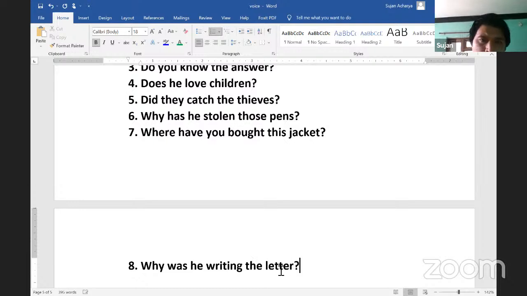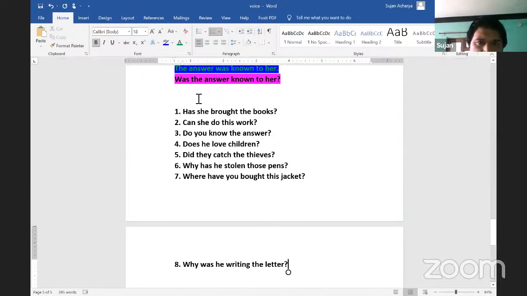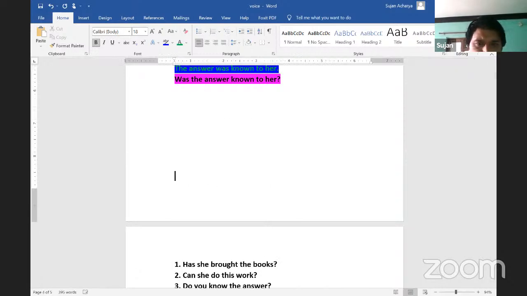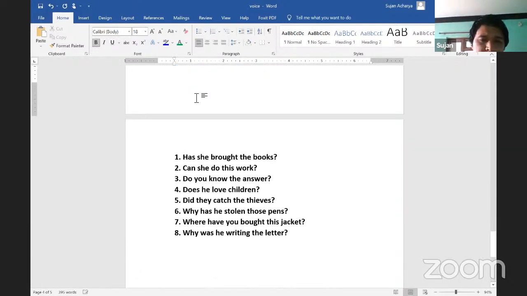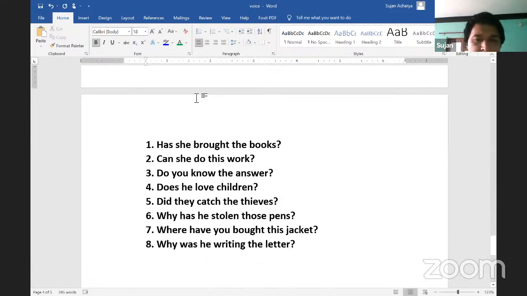letter? Let's take it to another page. Why has he writing the letter?